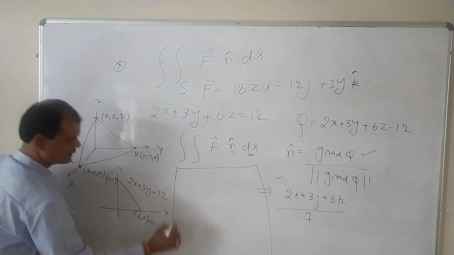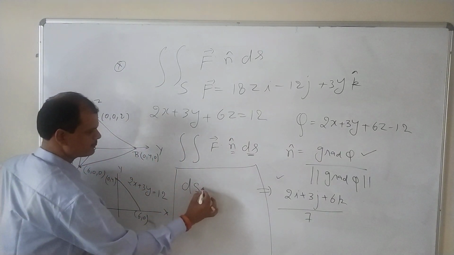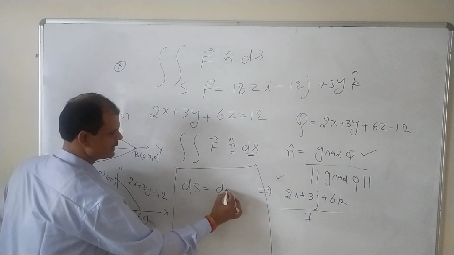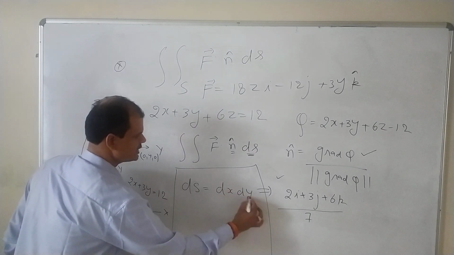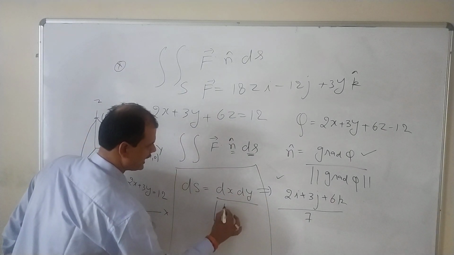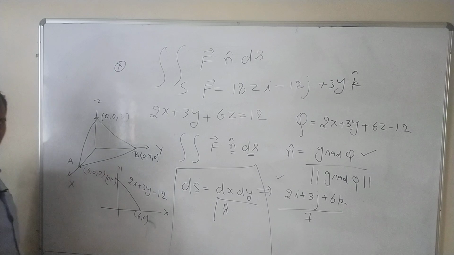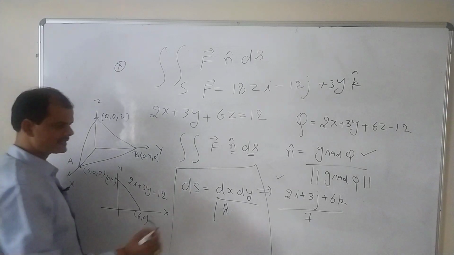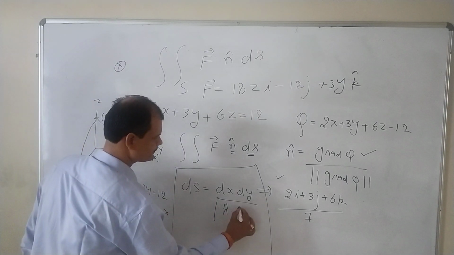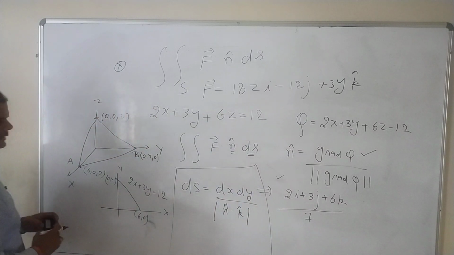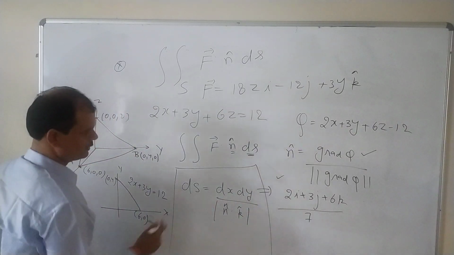Okay, so now let us find out the dS. Since it is the projection on the xy plane, dS will be dx dy divided by the magnitude of n cap · k. What is the normal vector of the xy plane? The z axis, so k cap.